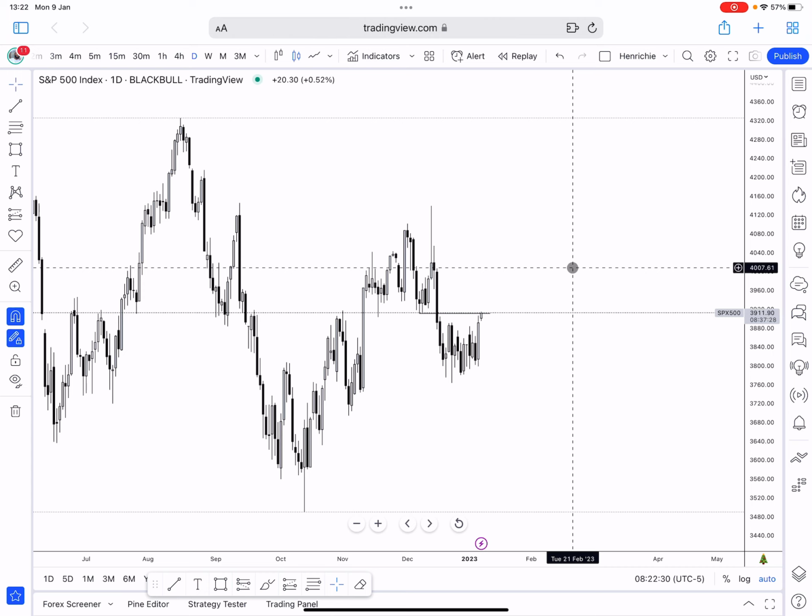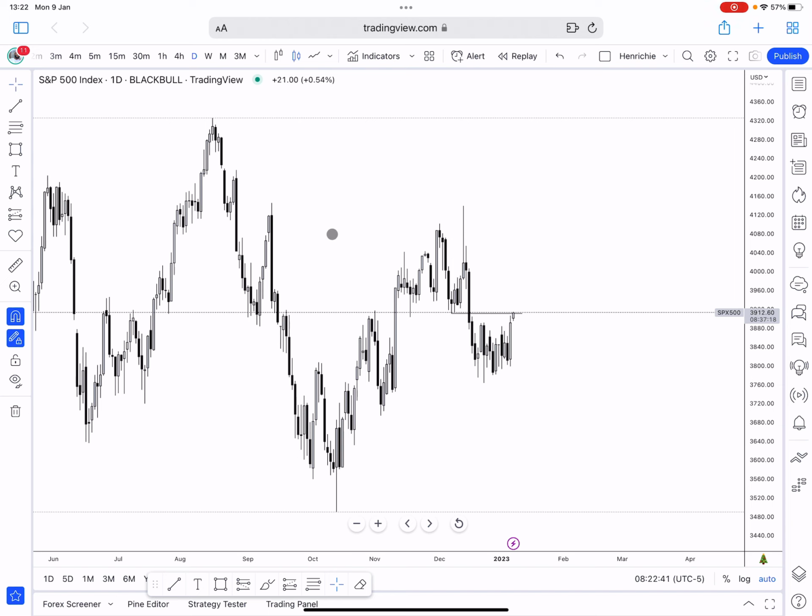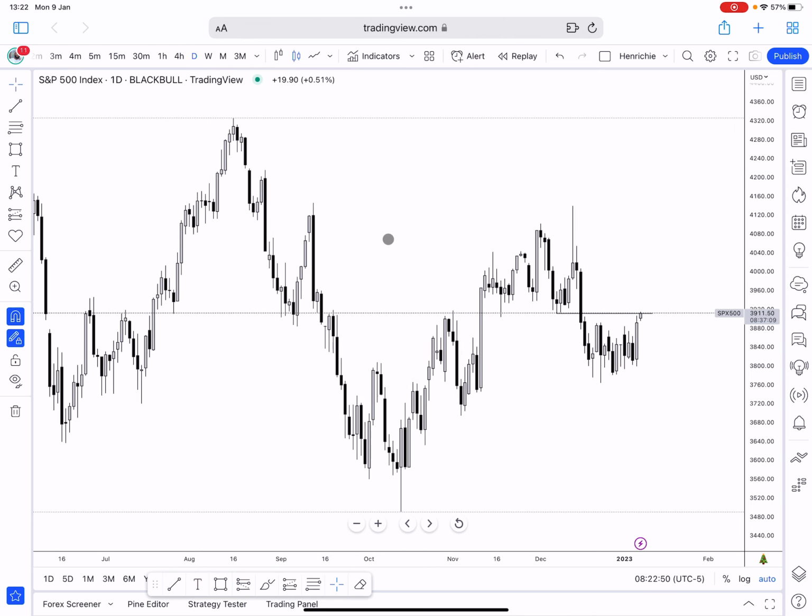The more I adjusted, the more I have better understanding of the market, market structure, price action. And I'm going to try to explain that in the most simple terms. So if you're watching this, you can have a better understanding.